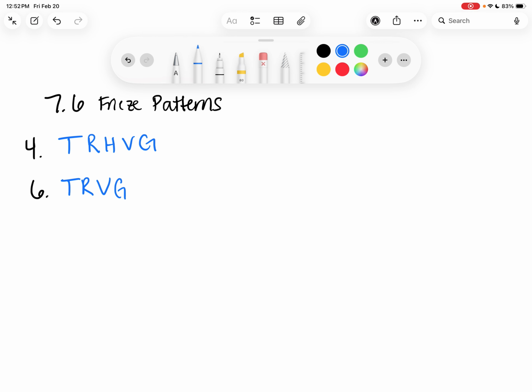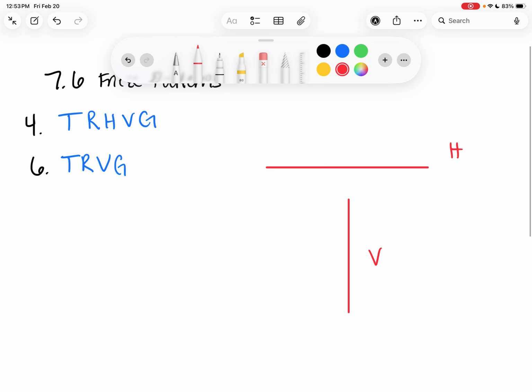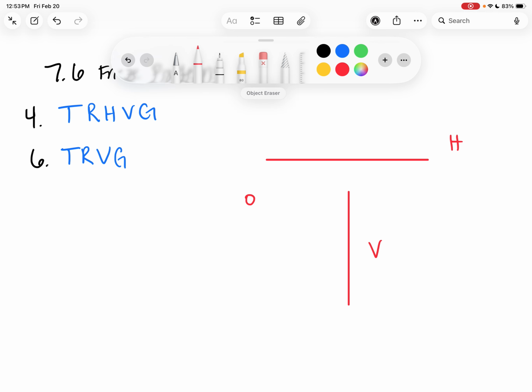There are 2 different types. We can either reflect over a line this way, which would be your horizontal reflection. If it reflects over a line this way, this is your vertical reflection. And then your horizontal glide reflections. Let me see if I can draw this, just so we can see it.